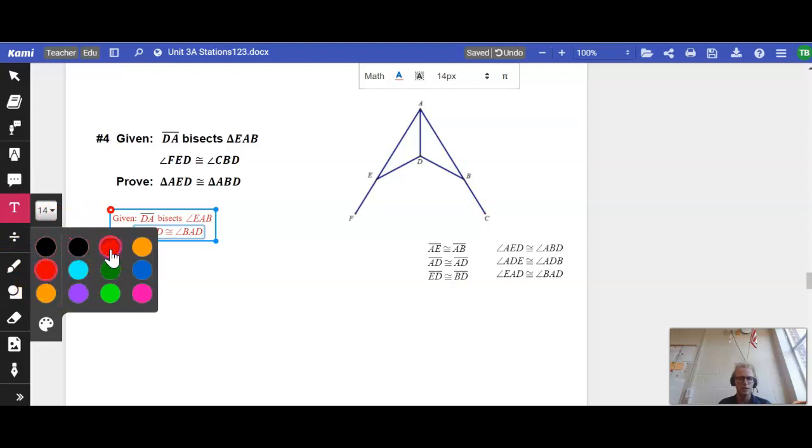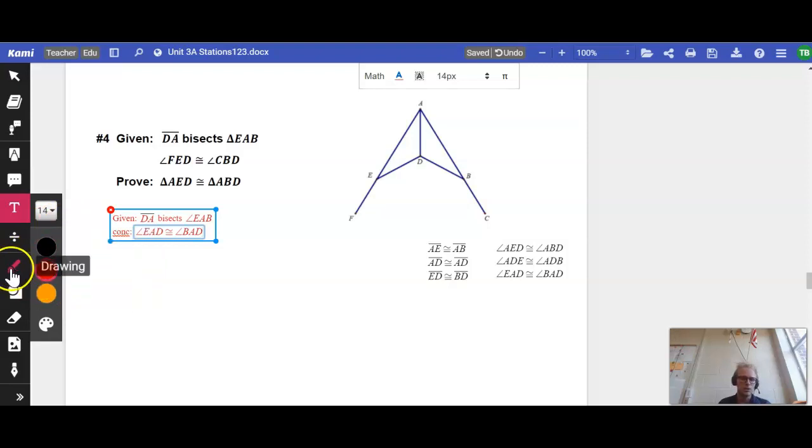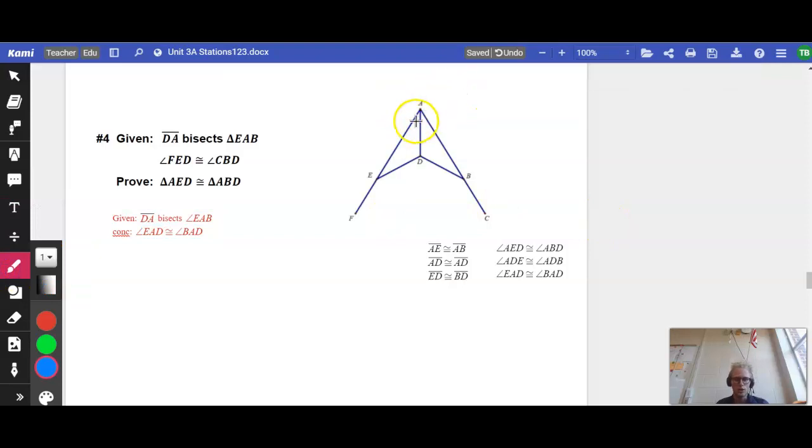Remember, an angle bisector makes two congruent angles. So we get this angle is congruent to this angle. Sweet. And I can check that off my list. One thing down. One thing to go.